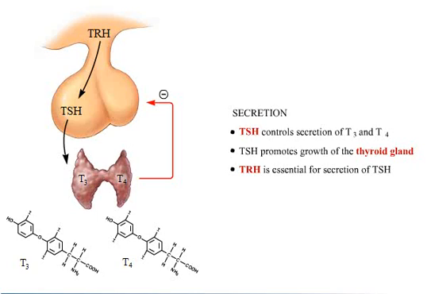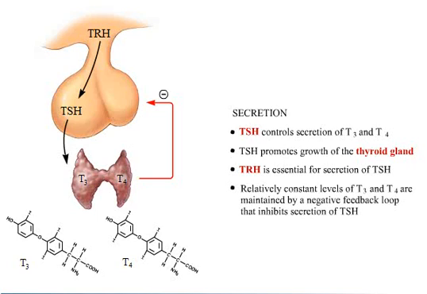A particular level of thyroid hormone seems to be required for many normal physiological processes. Thyroid hormone modulates physiological processes but does not initiate them. Relatively constant levels of T3 and T4 are maintained by a negative feedback loop that inhibits secretion of thyroid-stimulating hormone.